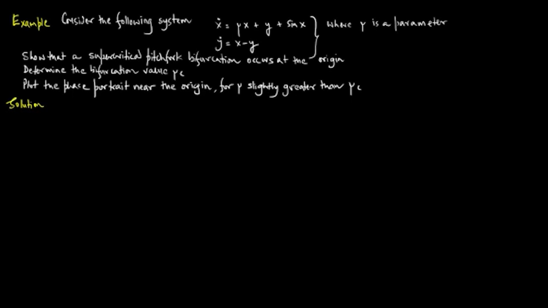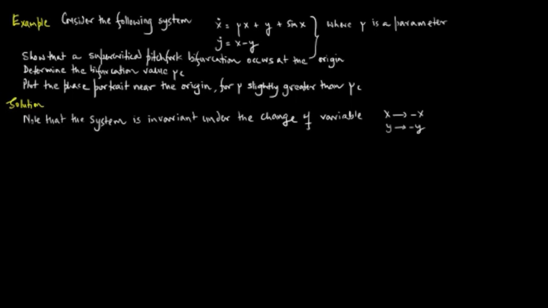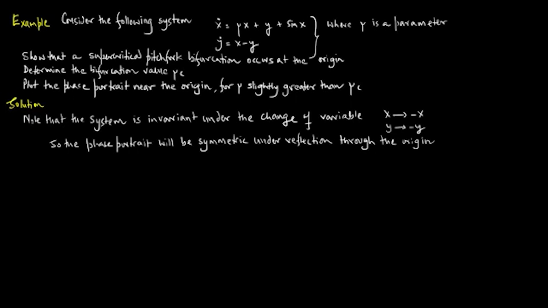So here's the solution. Note that the system is invariant under the change of variable x to minus x, y to minus y. So the phase portrait will be symmetric under reflection through the origin.